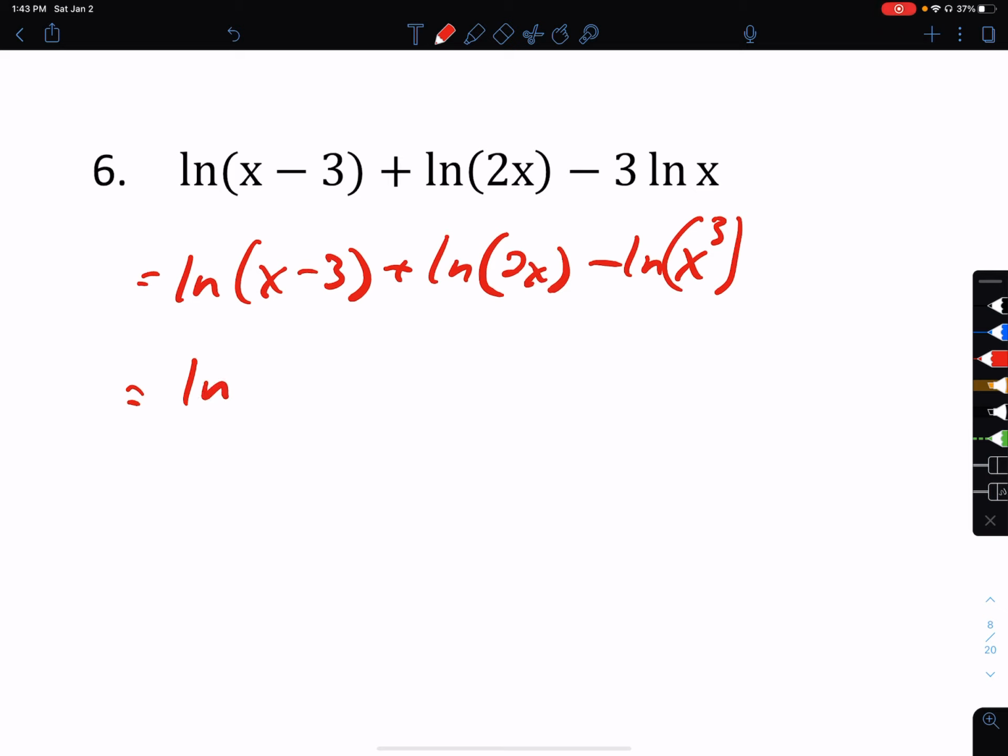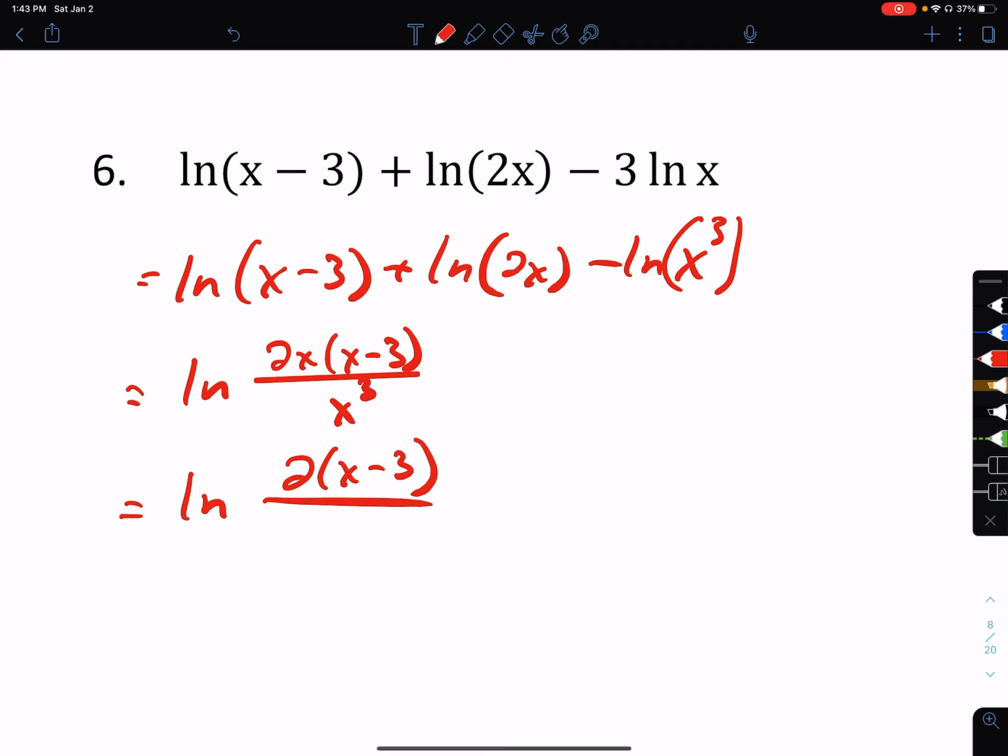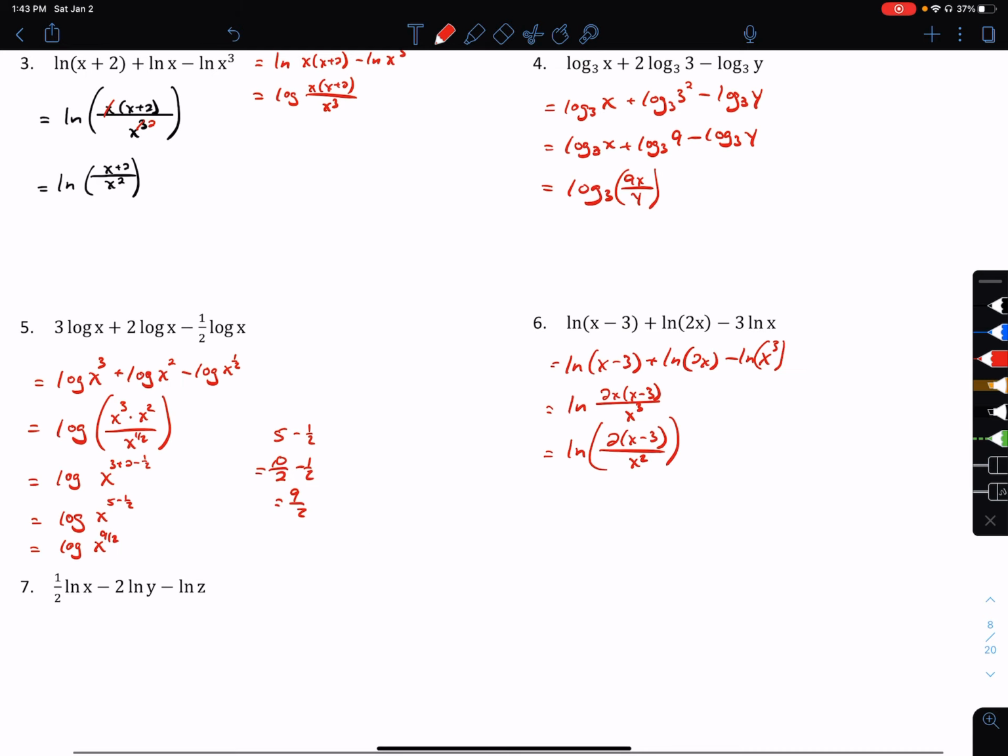So I could write it as natural log of 2x times x minus 3 divided by x cubed. I can cancel an x from the top and the bottom. It's going to give me natural log of 2 times the difference of x and 3 over x squared. I could distribute the 2 if I wanted. I don't want to, so I'll just stop there.